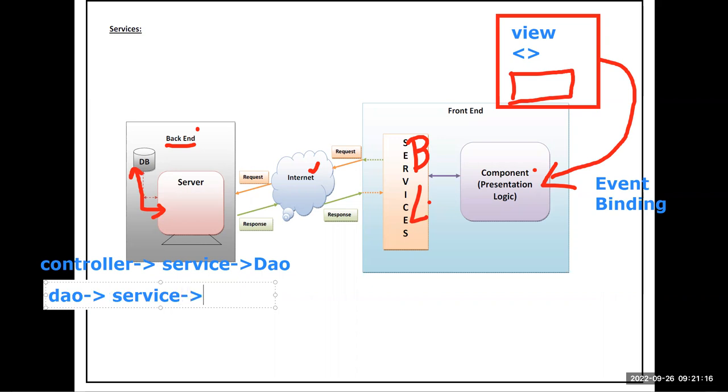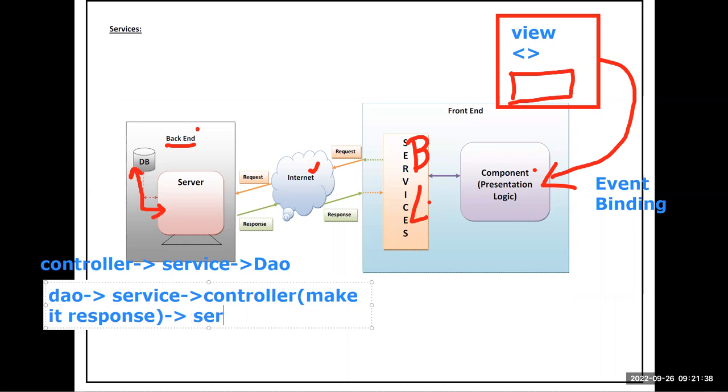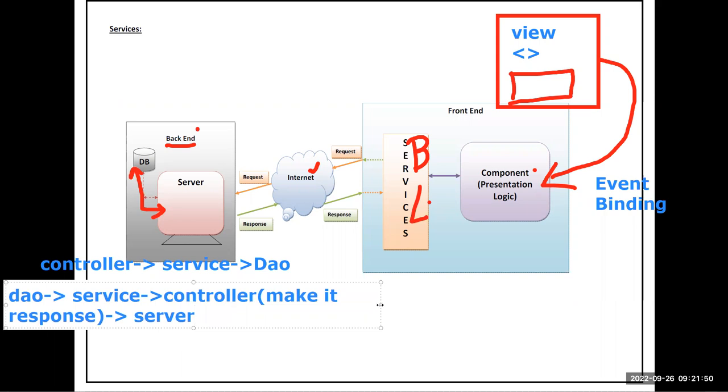Then again, the service sends that data to your controller. Then the controller will check that data, make it a response, and give it to the server. The server, whether you are using Tomcat, Eureka, or any other server, sends the response in that format. Correct?